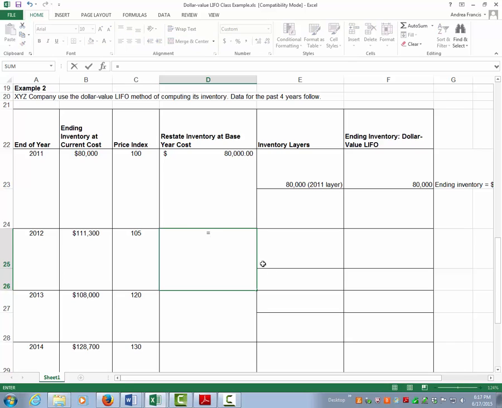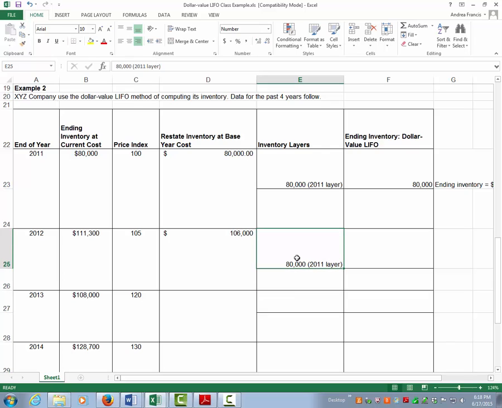So we are going to take the 111,300 and multiply it by 100 over 105 to see what the inventory amount is. So we come up with 106,000. This means that if this had been the inventory in 2011, the amount would have come to 106,000. So now we know, given that LIFO always assumes that the earliest inventory is left behind, that of this 106,000, 80,000 is going to relate to 2011.